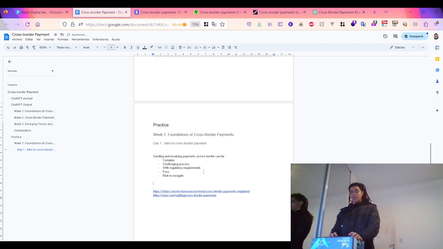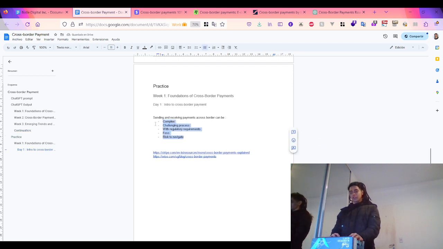I'm making this here just to understand more about this, and to be able to identify, according to Stripe, each one of those aspects involved in cross-border payments, which can be a complex, challenging process with regulatory requirements, fees, and risks to navigate.